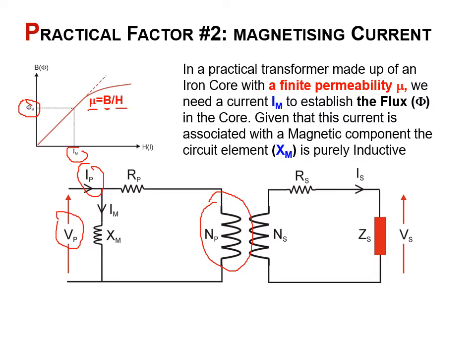So you need a current to establish the flux in the core, and because that's associated with a magnetic component, we use an inductor to represent that magnetic flux being set up by that current.